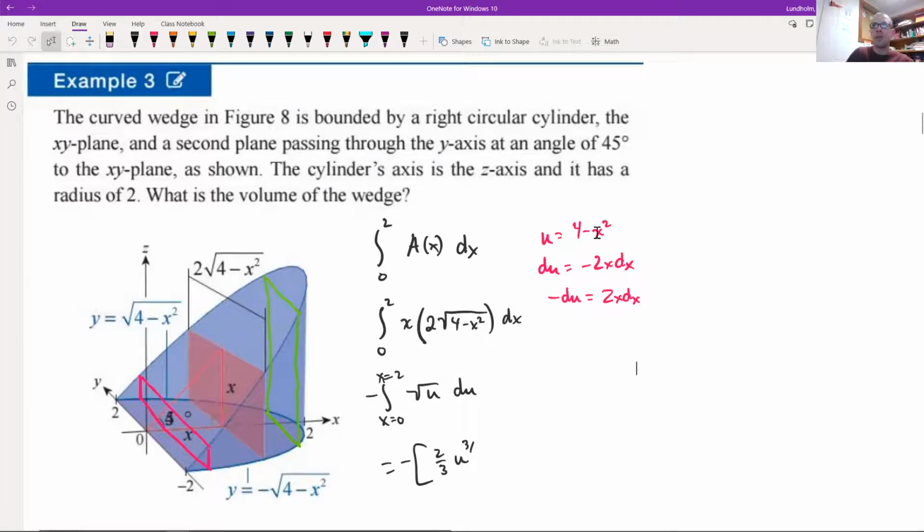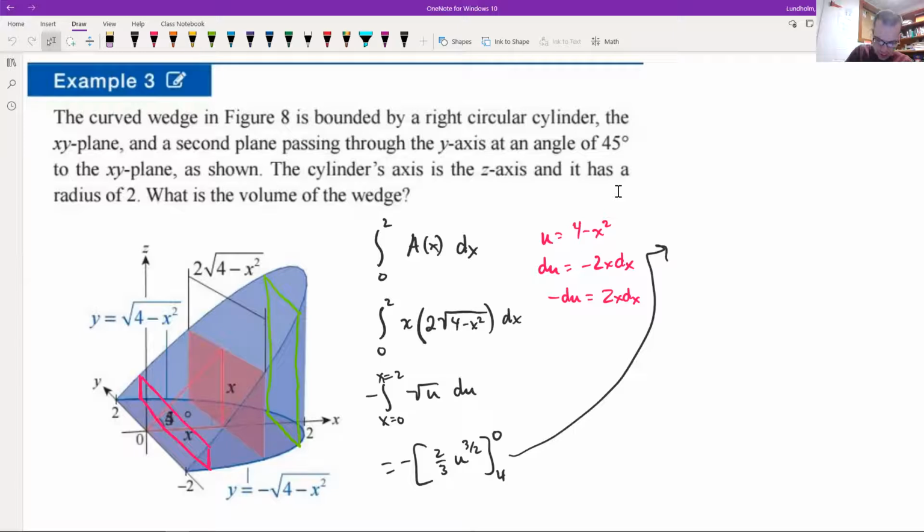And the boundaries on u will be if we plug in 2 into this equation, we would get 4 minus 2 squared, which is 0. And if we plug in 0 here, we get 4 minus 0 squared, which is 4. So now those boundaries are in u. And we can keep going.